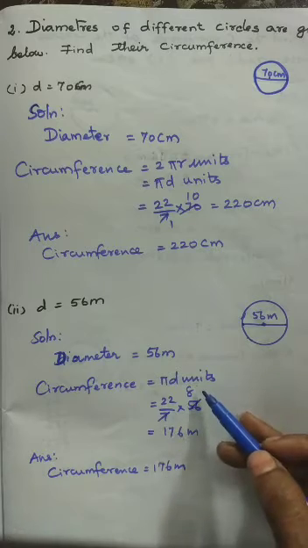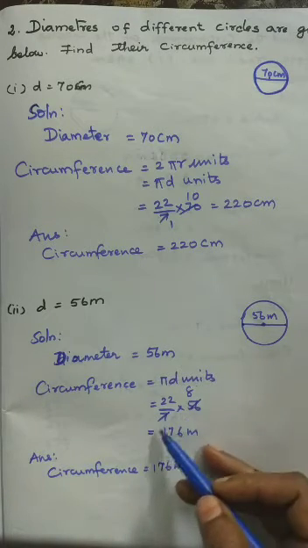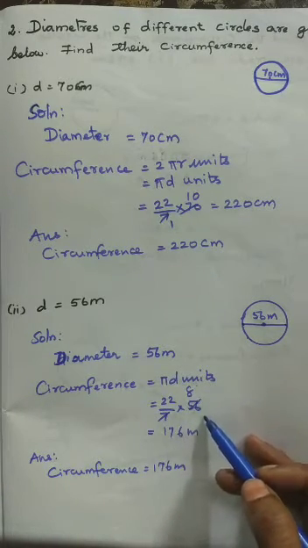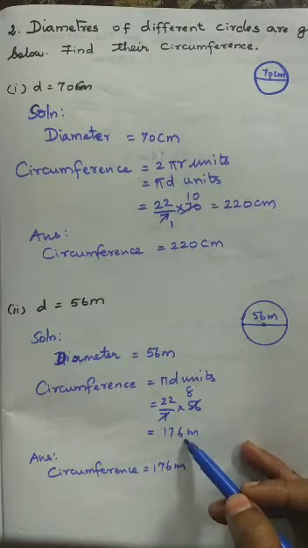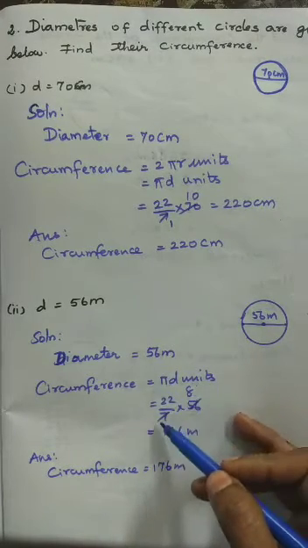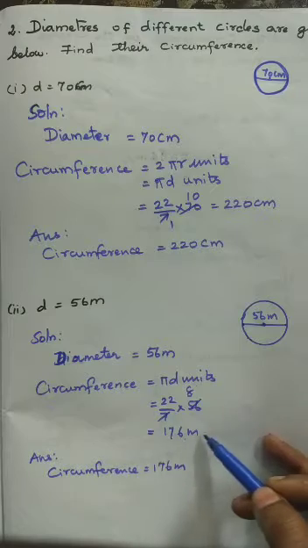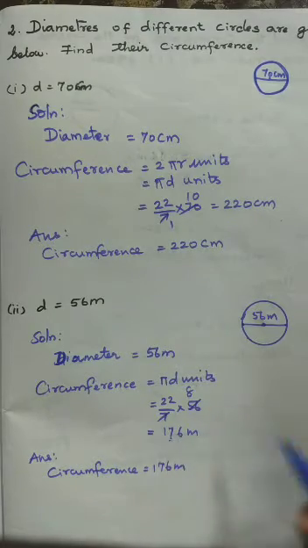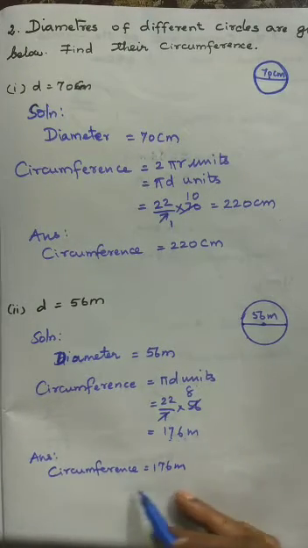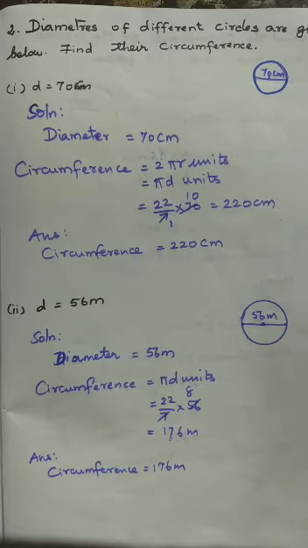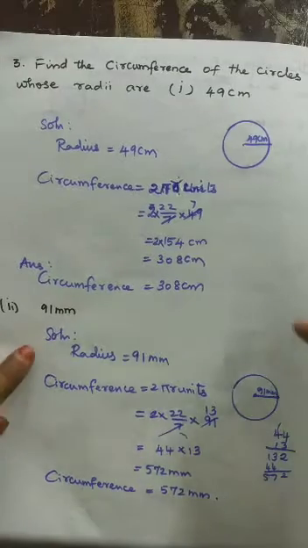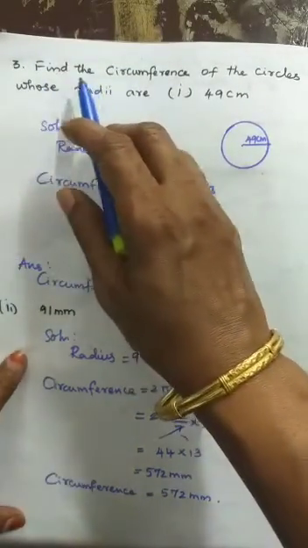Then 56 is 8 times. 7 8s are 56. So 8 2s are 16, remainder 1, 8 2s are 16 plus 1, 17. So 176 meter. So circumference is equal to 176 meter.